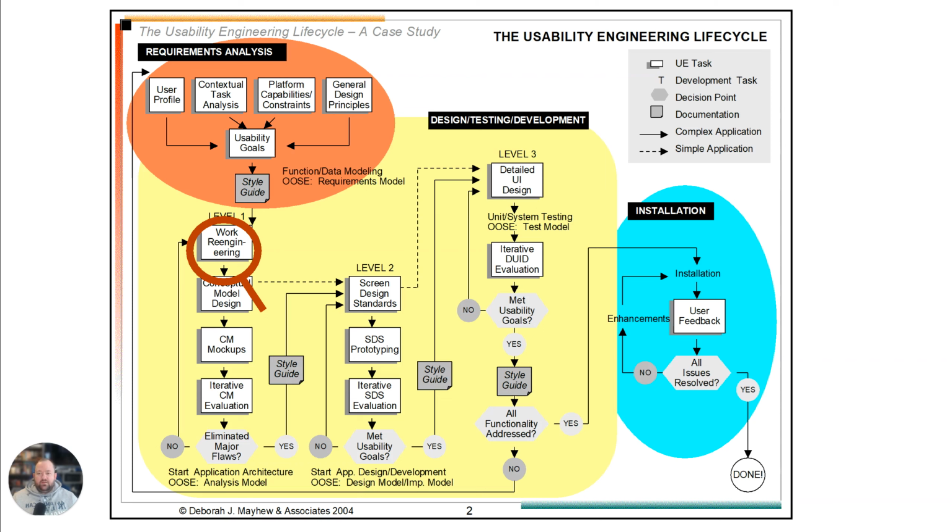This one is the usability engineering lifecycle, a very popular, famous one from Mayhew. I won't go through every box here. Feel free to pause if you want, but this essentially captures, in a structured architectural flowchart way, the phases they've identified: requirements analysis, your broader design, testing, development, and then your final installation or delivery phase.